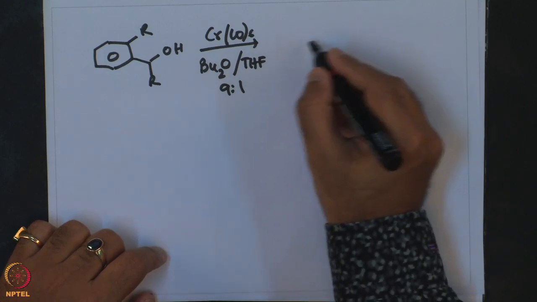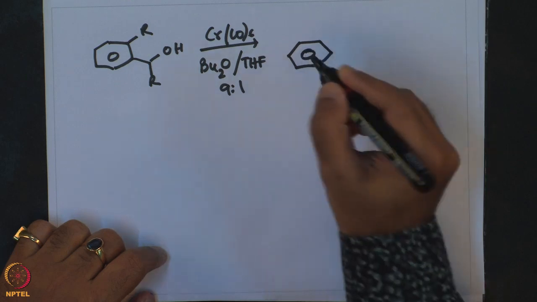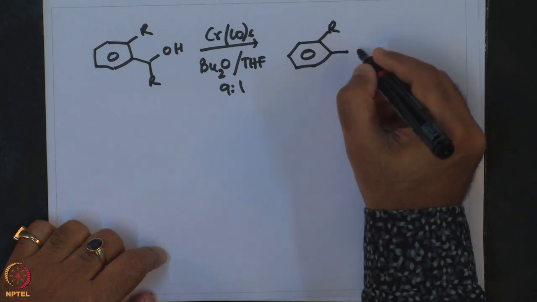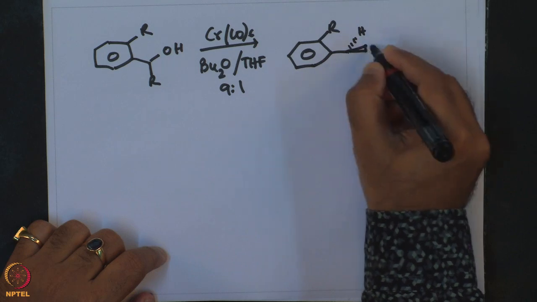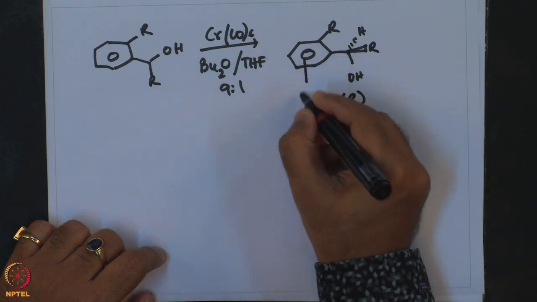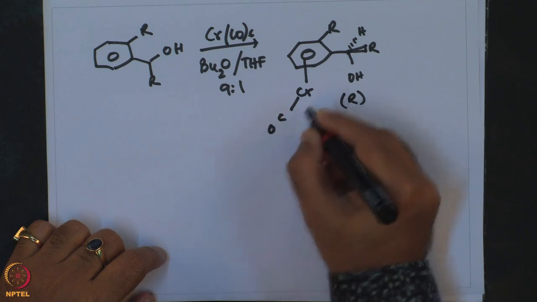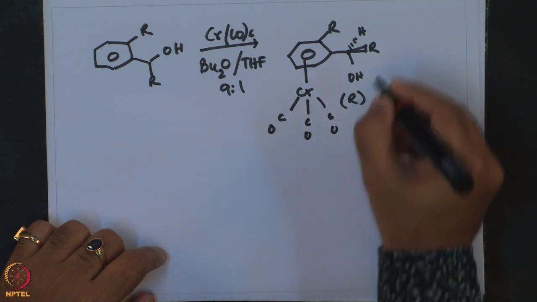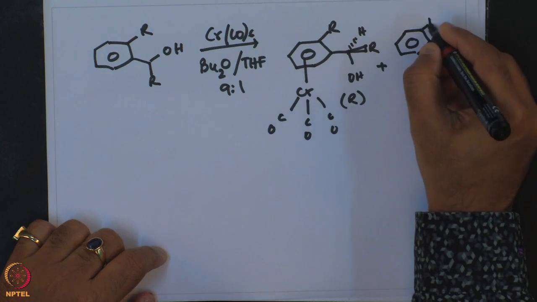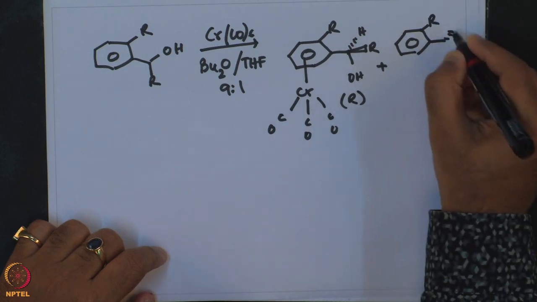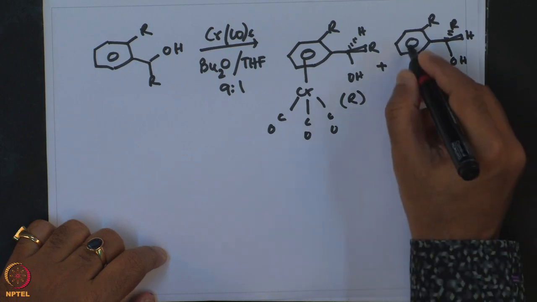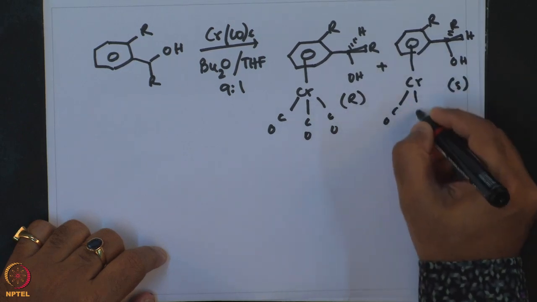Then what one gets is this substituent CH(R)OH, which is the R conformation with chromium tricarbonyl, plus the corresponding CH(R)OH, the S conformation with chromium tricarbonyl.